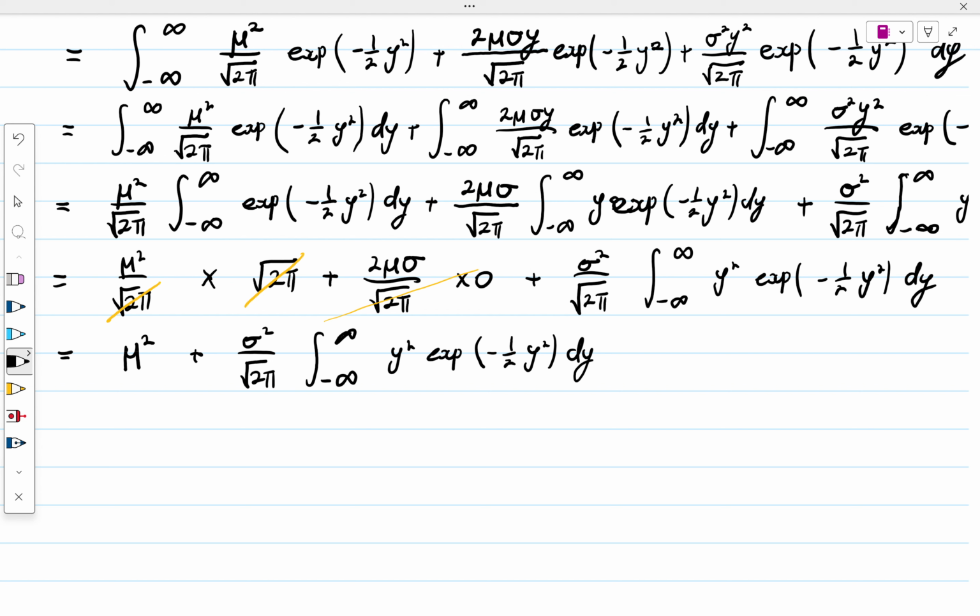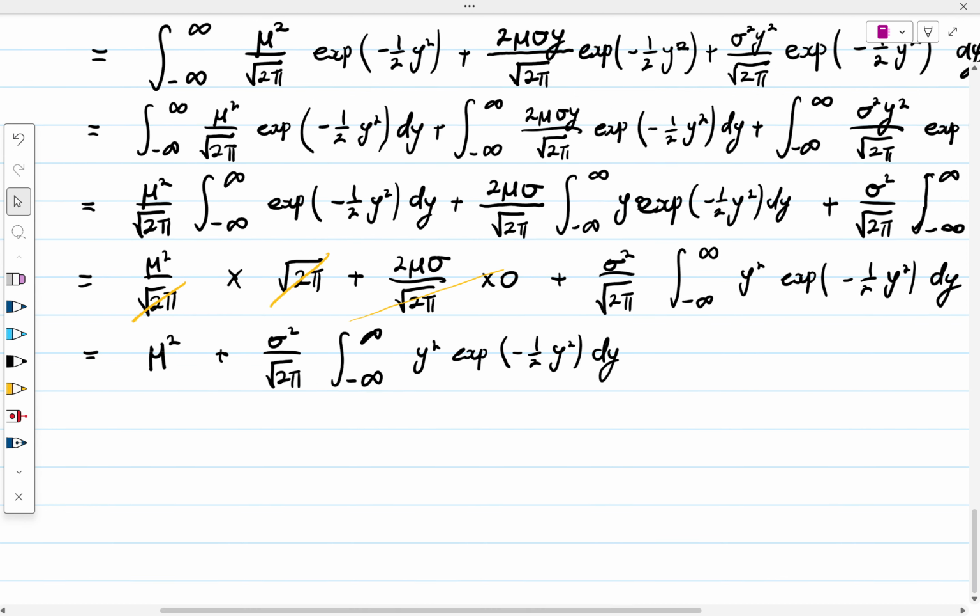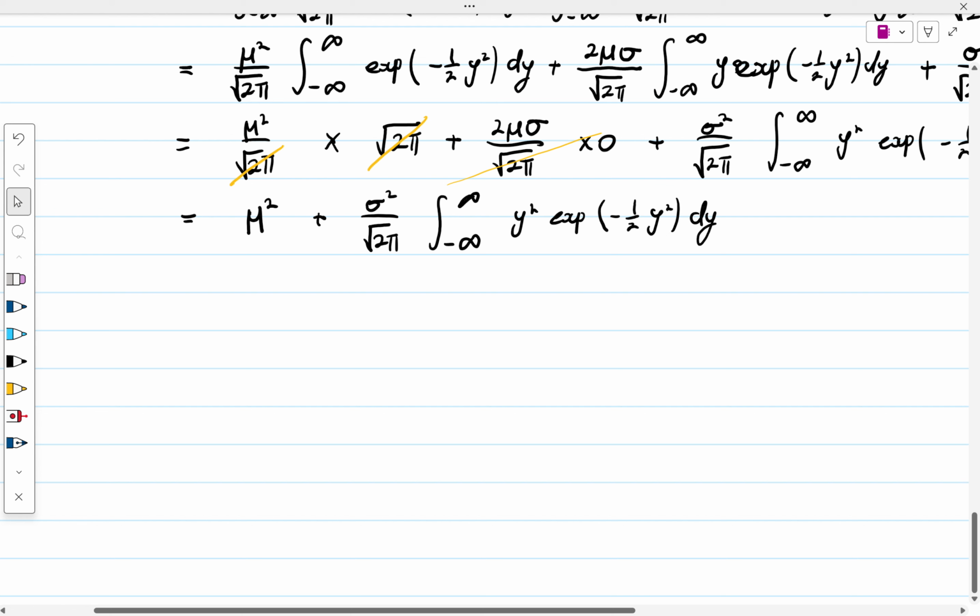From this point onwards, what we will need to do now is another substitution. And perhaps a logical substitution that might follow here is to remove the half y squared. Because if we label the half y squared as our substitution, then we'll end up with an exponential of negative variable.